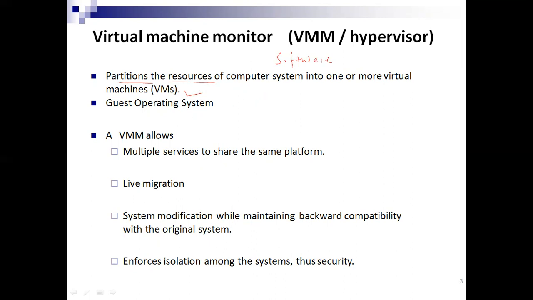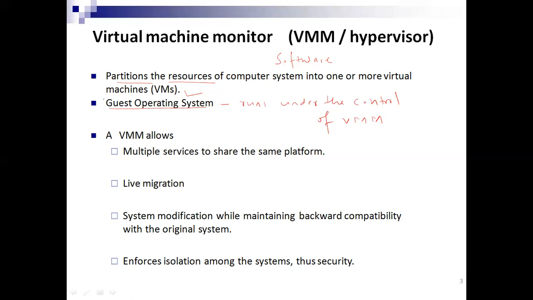Next, we can see the guest operating system. What do you mean by guest operating system? A guest operating system is an operating system that runs under the control of the virtual machine monitor, that is VMM, rather than directly running on the hardware.